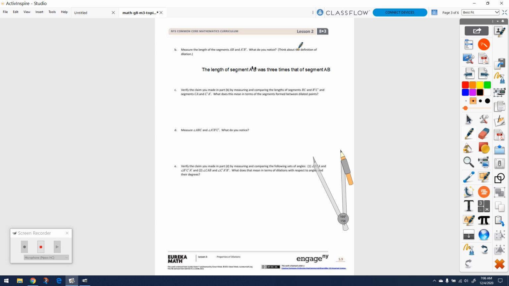And let's take a look at the next one. Verify the claim you made in part B by measuring and comparing the lengths of BC and B prime C prime and segment CA and C prime A prime. And what does this mean in terms of the segments formed by the dilated points? So what does that prove to us?